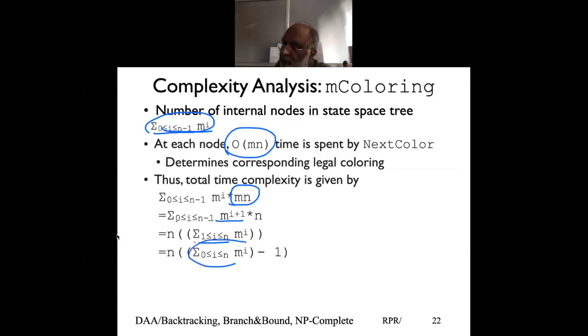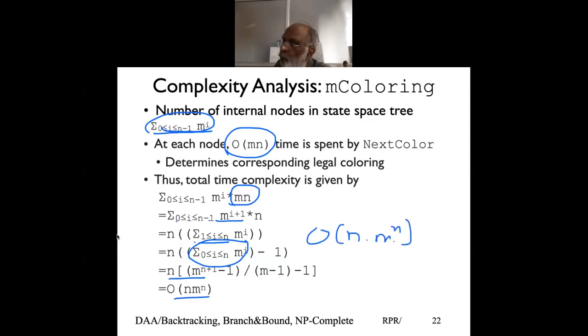And we know this sum is m raised to power n plus 1 minus 1 upon m minus 1. Essentially what we're getting is n into m raised to power n plus 1, or we get n into m raised to n, which is still an exponential time. But backtracking can give us some solution which is better than factorial multiplication possibility. So this is the time complexity of m coloring.